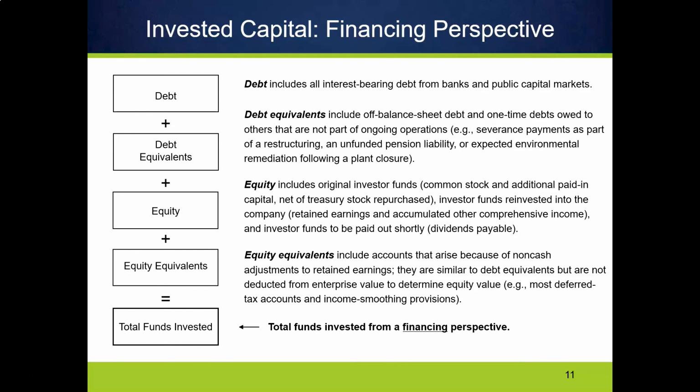Right? Equity equivalents are going to be any claim on the firm, on ownership on the firm that isn't related to the sale of shares. Okay. So there are going to be some sort of non-cash adjustments to retained earnings. We'll talk about those. There are going to be like deferred taxes and income smoothing provisions. This could be, for instance, a minority shareholding, so somebody else owns a small stake in the firm.